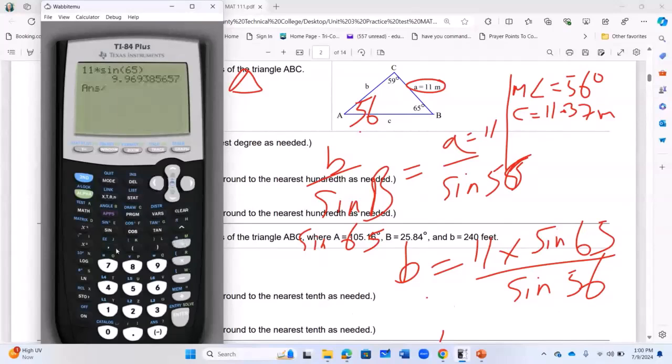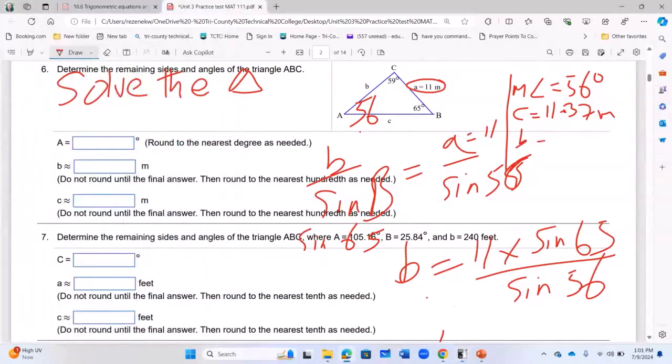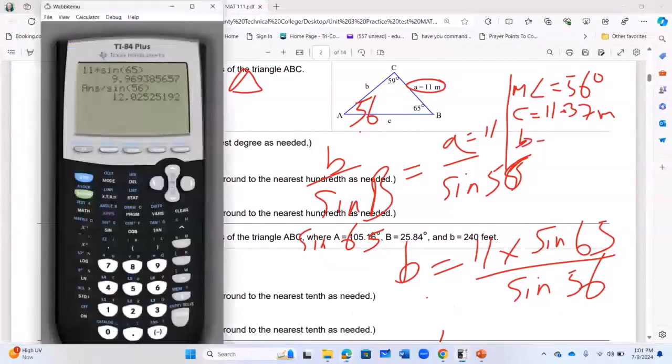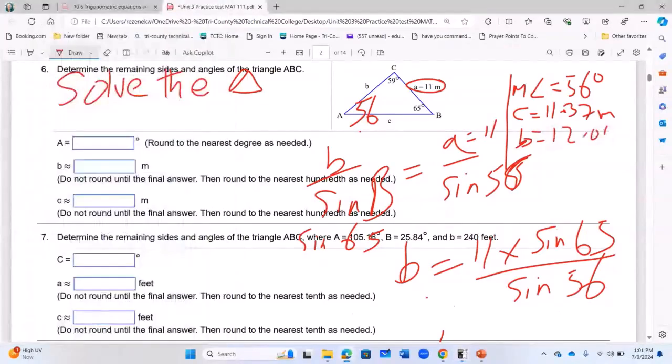Then divided by sine 56 degrees, plus parenthesis. All right, so that makes more sense. So the missing side B is equal to approximately 12.03 to 2 decimal places. And my answer should be in meters. 12.03 meters. Okay, now I have found all the missing angles and sides.